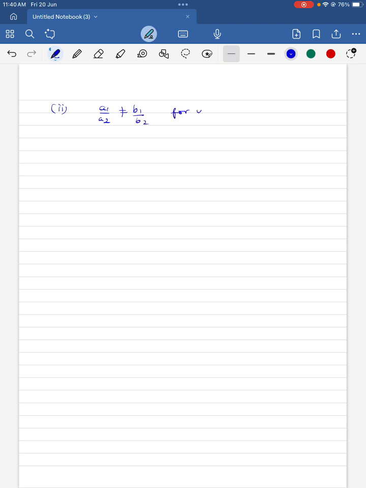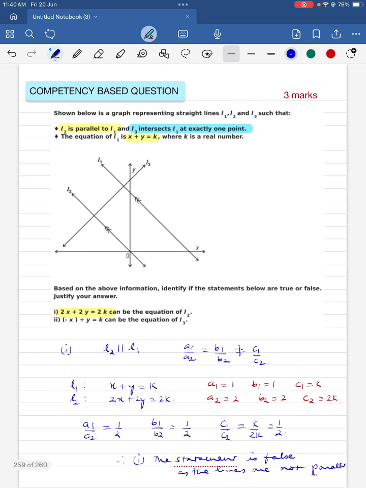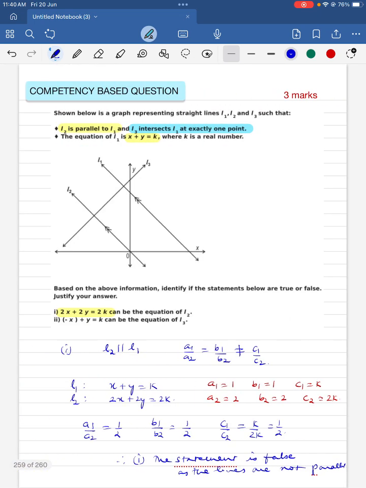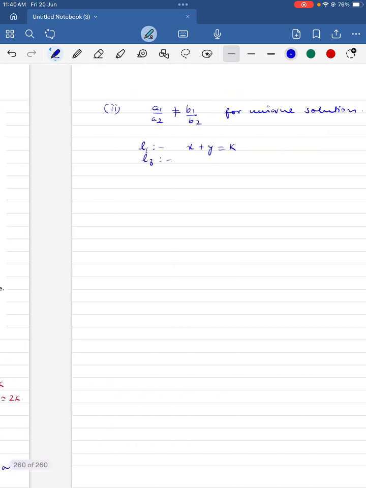This is for unique solution or for intersecting lines. Let's write out the two equations. L1 is given in the question as x plus y equal to k and L3 they're saying is minus x plus y equal to k.